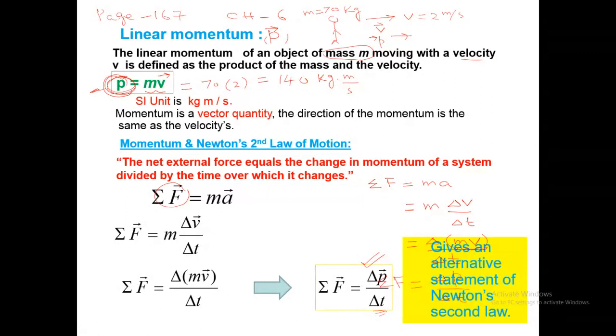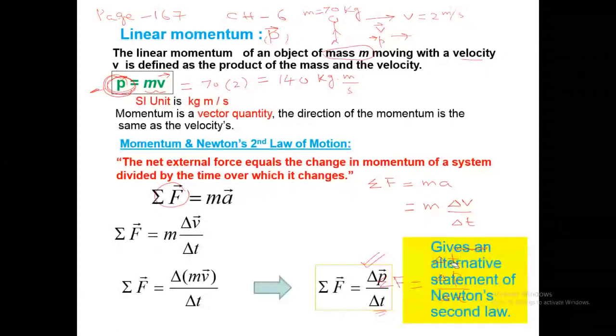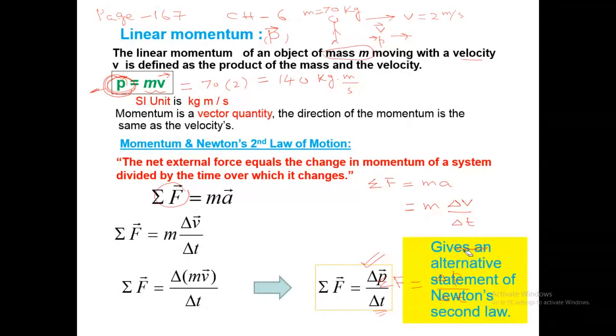This is what I have written here, that it gives you an alternative form. This is what I told you, that we have two forms of Newton's second law of motion.